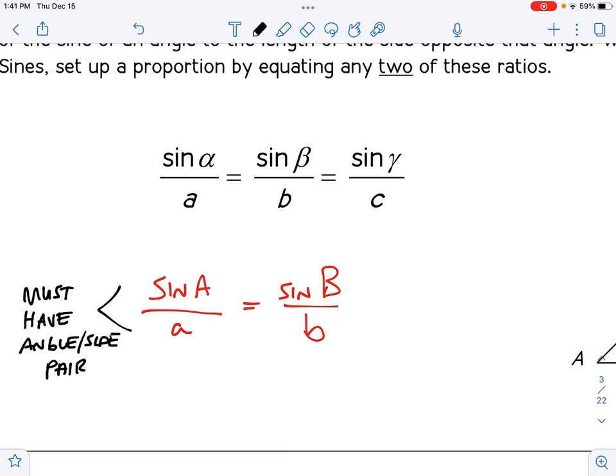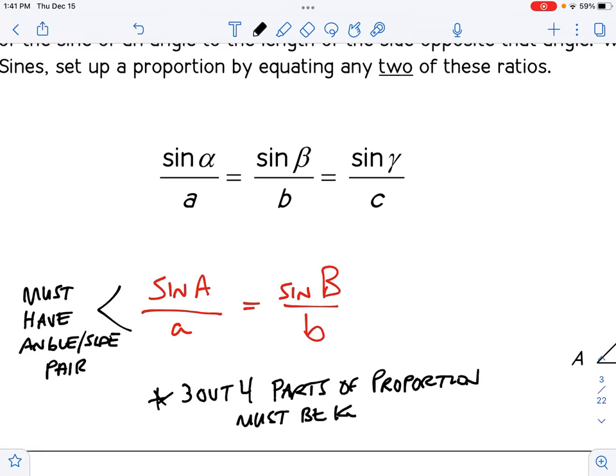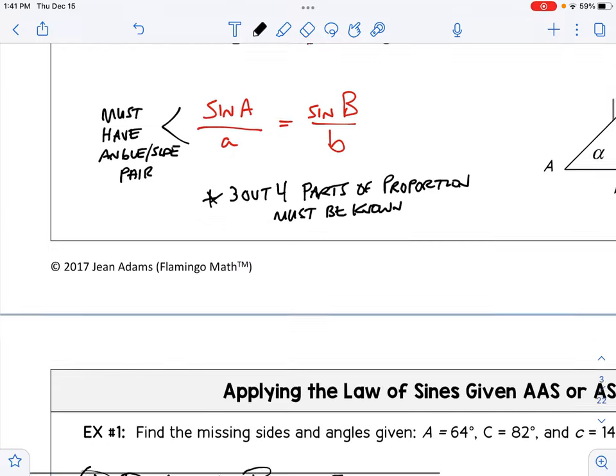The other piece we need to know is that 3 out of 4 parts to the proportion must be given information. So let's take a look at a couple examples.